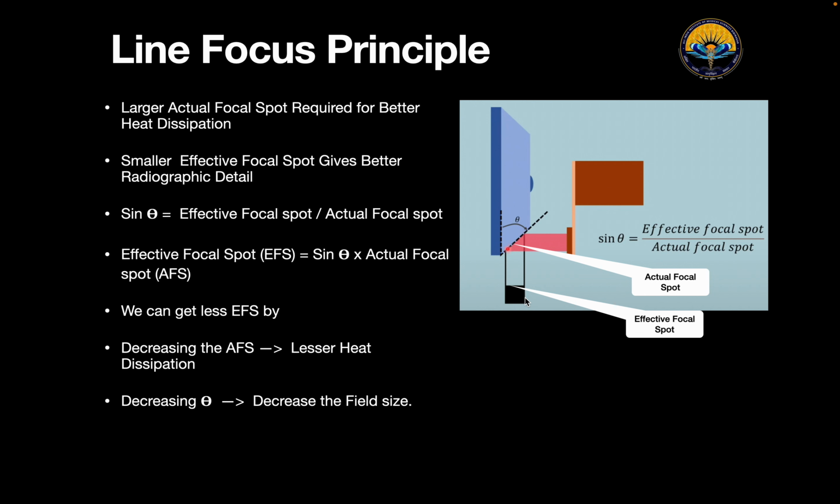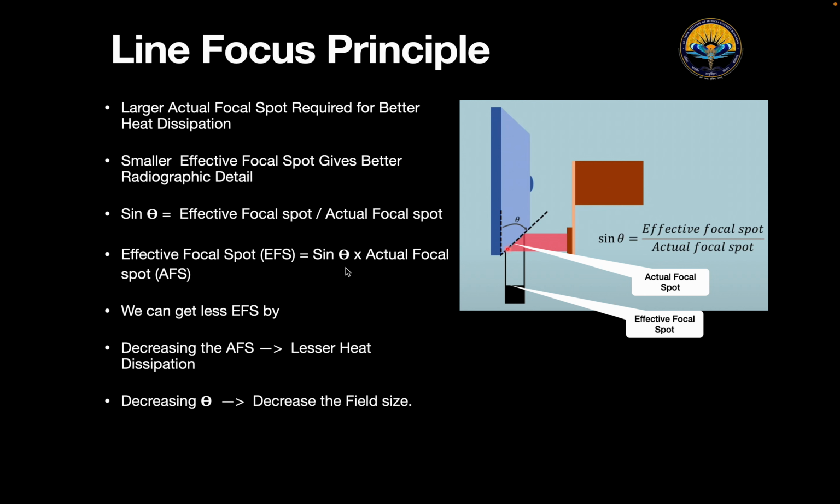And the line focus principle says that the effective focal spot equals sine theta into the actual focal spot. So ultimately, if we want the effective focal spot to be small, we can either decrease this actual focal spot, but if we decrease the actual focal spot, the heat dissipation will also decrease.